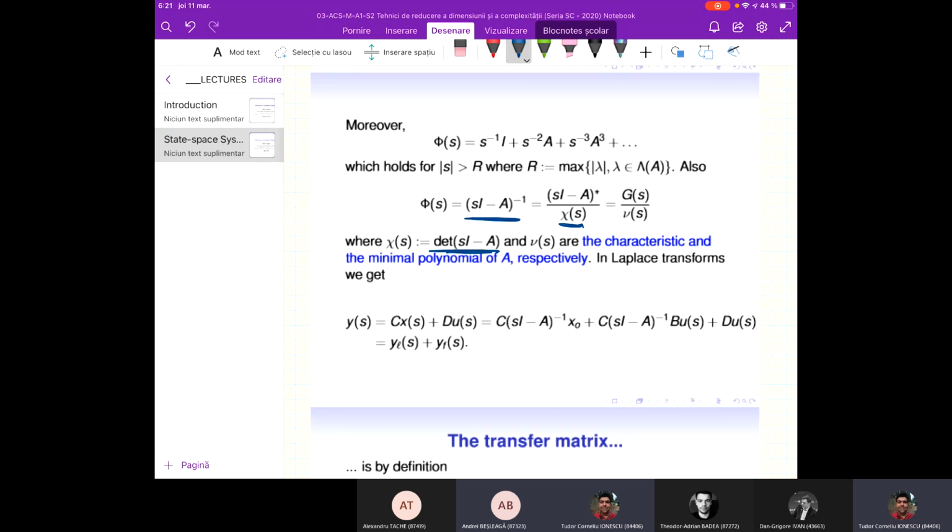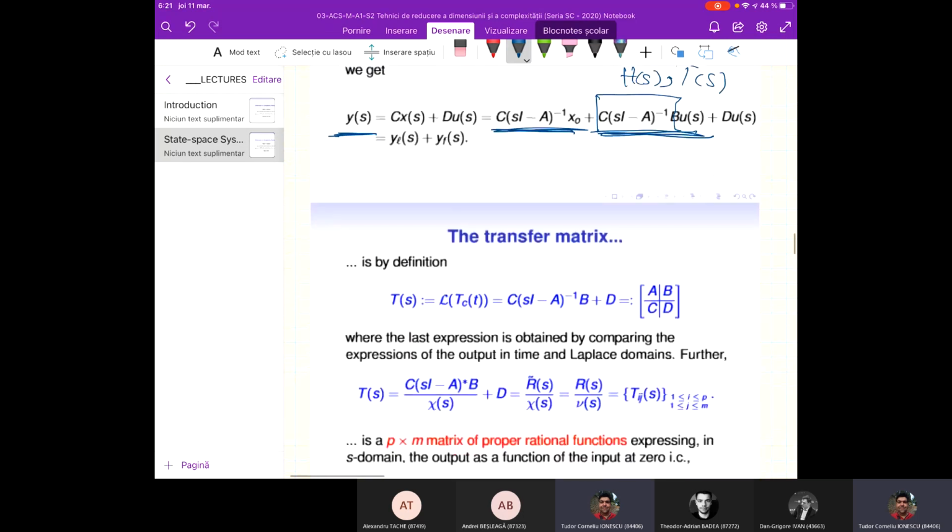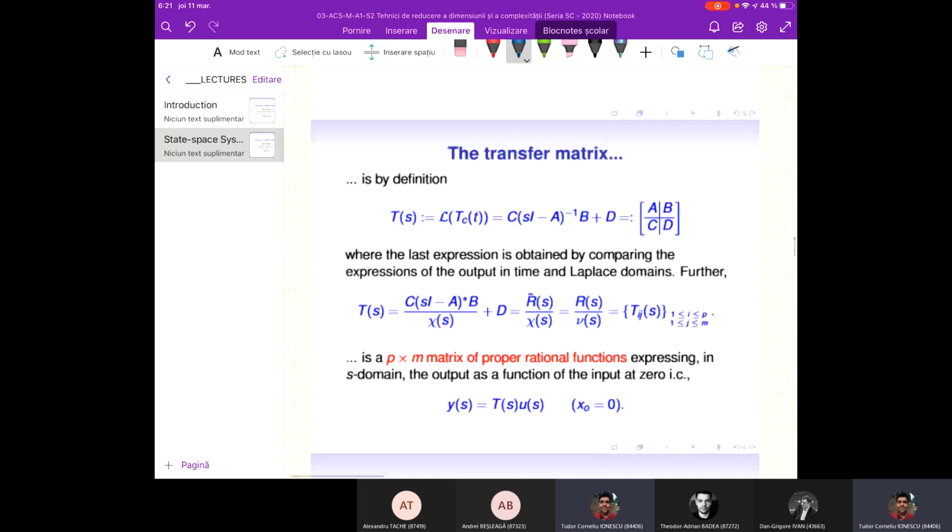So this determinant is the characteristic and minimal polynomial of A. And then the Laplace transform gets this way. The output Y of s has a part that comes from the free output, and this is the forced output. And this here is the transfer function, H of s, T of s, whatever we call it. This is the transfer function, or the transfer matrix.